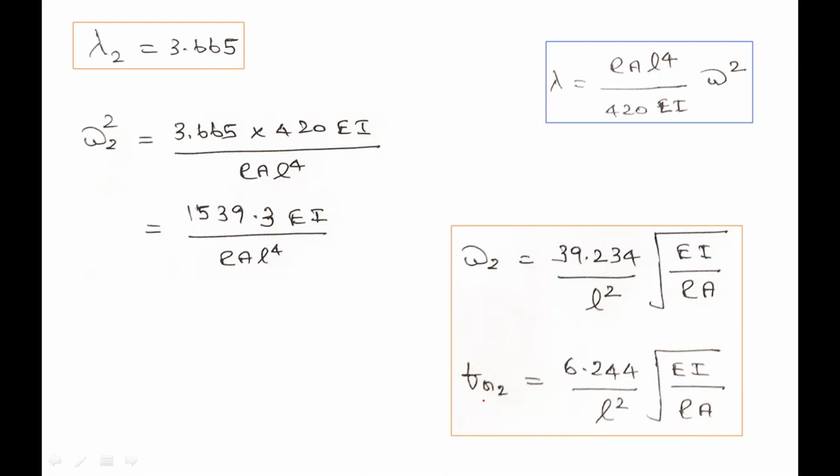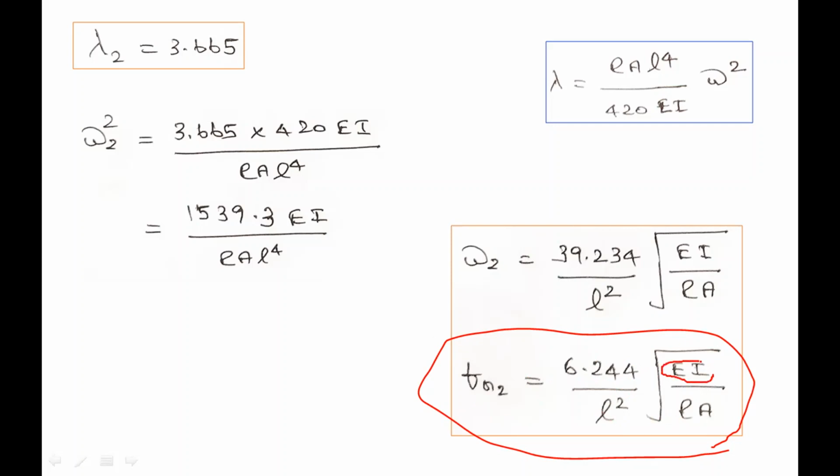Now let us see the arrangement of this equation. Fn is equal to 6.244, some constant, divided by L square, and inside the root we have the product EI in the numerator and the product rho A in the denominator. The product EI is called the flexural modulus of a beam.